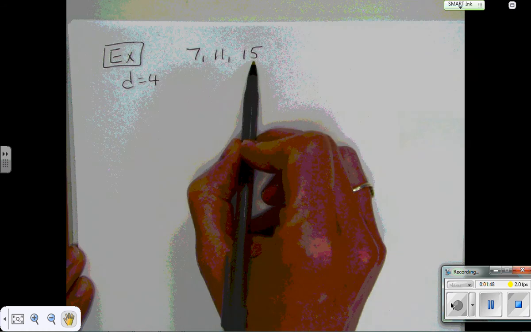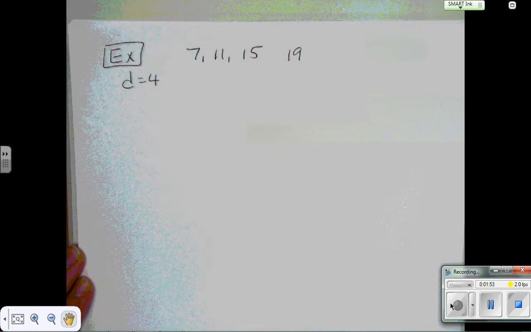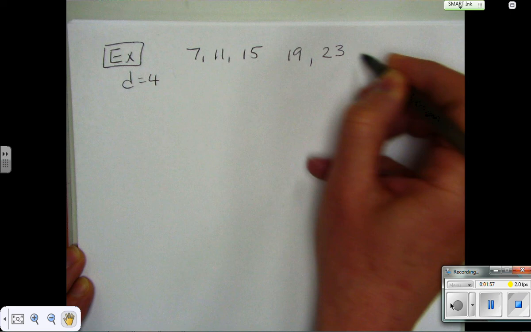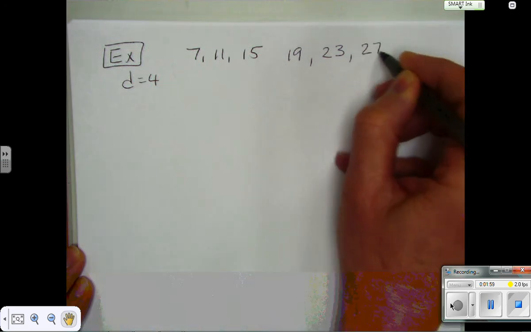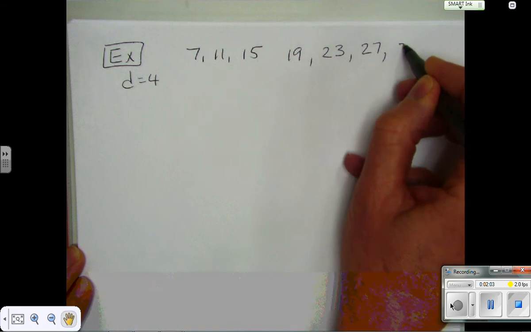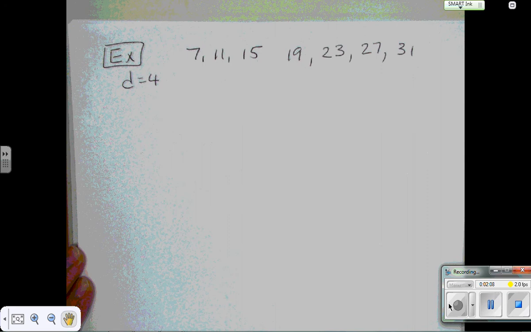When I add 4 to 15, I'm going to get 19. And 19 plus 4 is 23. 23 plus 4 is 27. 27 plus 4 is going to be 31. Okay, so I got the next 4 numbers.